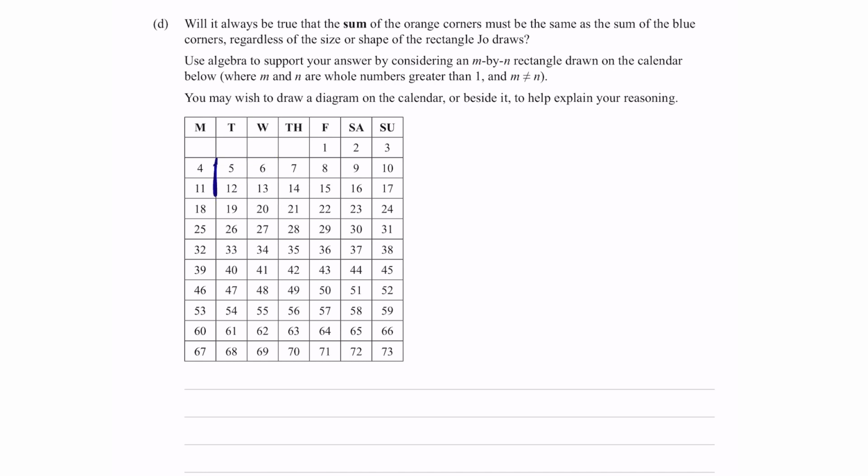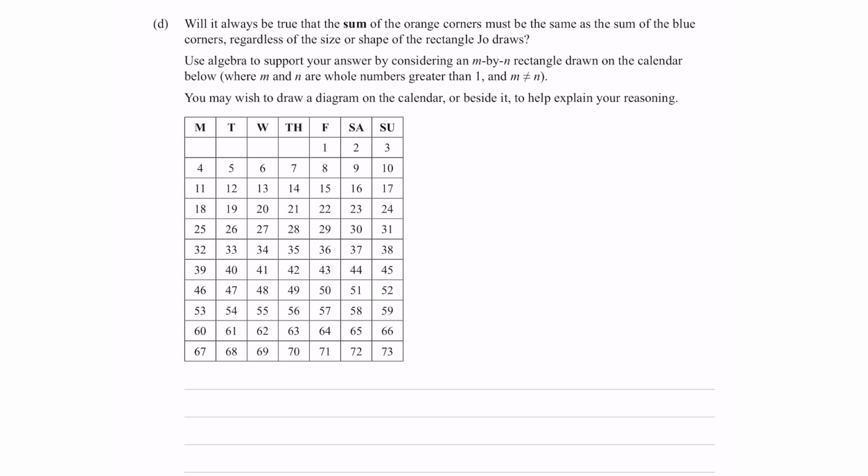What if we did a 3 by 2? 5 plus 14 is 19, and 12 plus 7 is 19, so that seems to hold. Even if you did a 3 by 7, you would find that 15 plus 59 equals 17 plus 57. So intuitively, it seems like this might actually be true.